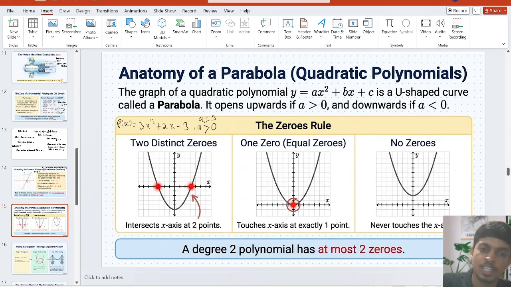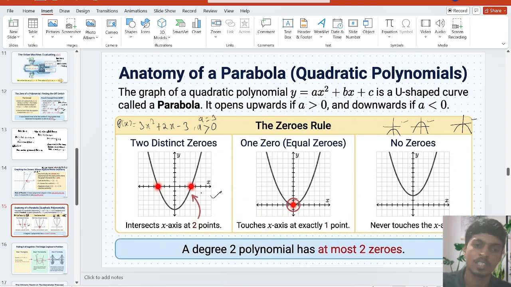And it opens downward if a is less than 0, it means that its graph is downward-opening. If a is less than 0, then its graph will look like that, and if a is greater than 0, then its graph looks like that.